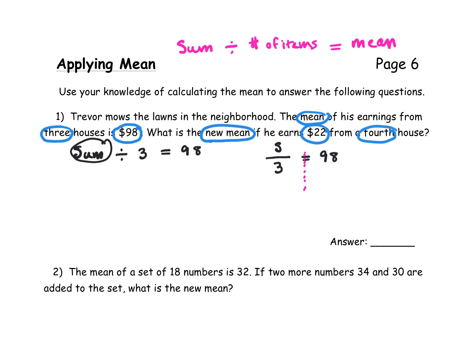So in order to find out what S, the sum, is, we're going to multiply by 3. We're going to do the opposite of dividing by 3. We're going to multiply by 3. So 3 divided by 3 is 1, which leaves the S, or sum, and 98 times 3 is 294. And since S stood for the sum, we now know that the sum is 294.